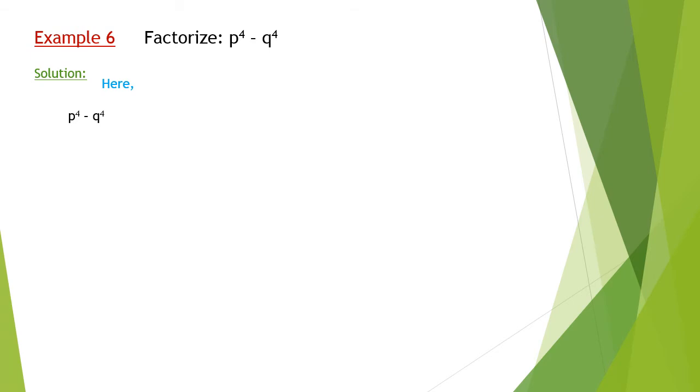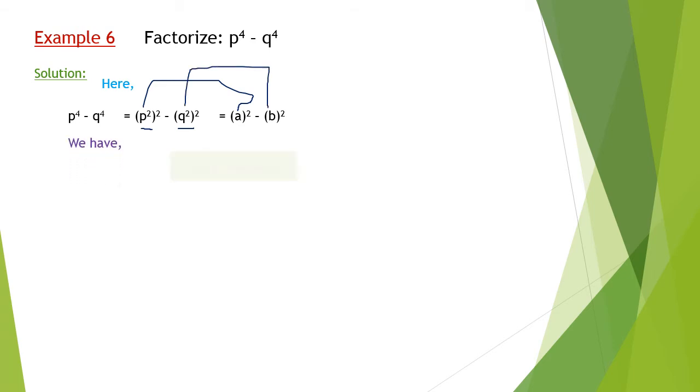We have to convert these terms into a difference of square. We can write p to the power 4 as p square whole square, as already discussed, and in a similar way q to the power 4 can be written as q square whole square, which is equal to a square minus b square. We can clearly see the value of a will be p square and the value of b will be q square.